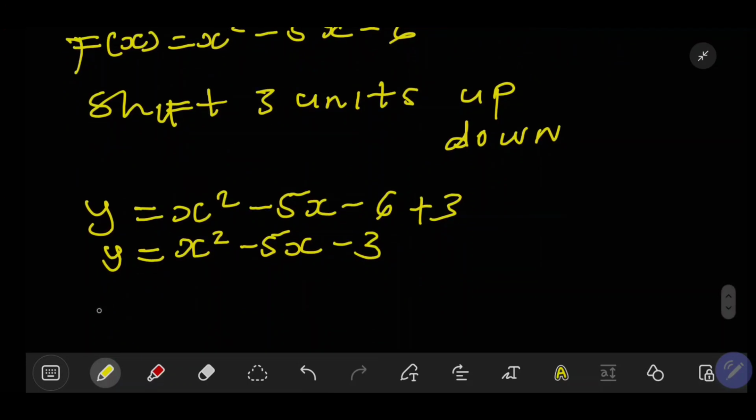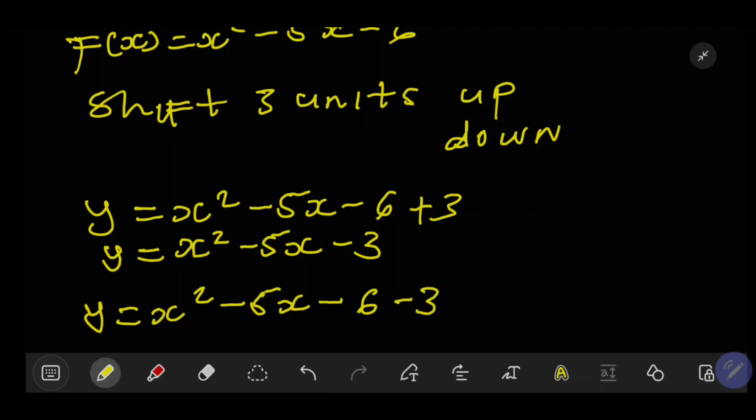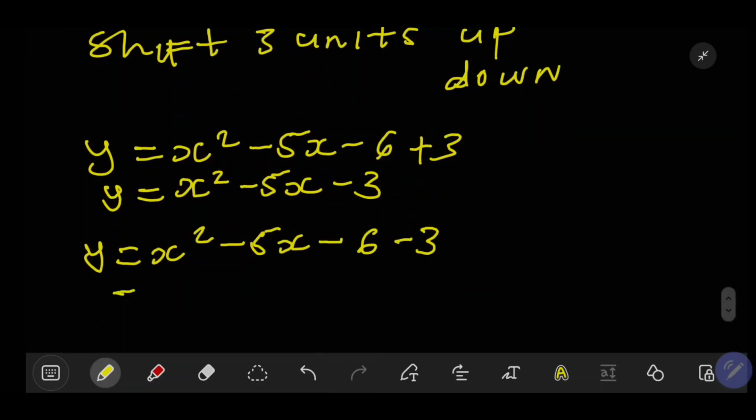But when you shift it down, it means you're going to say y is equal to x squared minus 5x minus 6. Then you shift it 3 units down, you subtract 3 from the C value, and you get your new equation as x squared minus 5x, then minus 9. This is how the vertical shifting works.